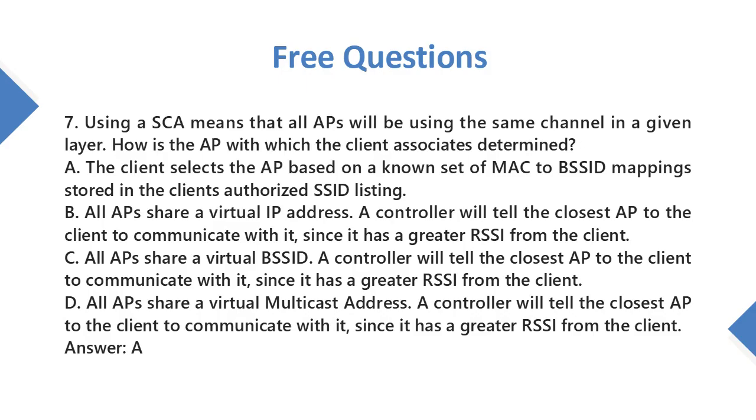C. All APs share a virtual BSSID. A controller will tell the closest AP to the client to communicate with it, since it has a greater RSSI from the client. D. All APs share a virtual multicast address. A controller will tell the closest AP to the client to communicate with it, since it has a greater RSSI from the client. Answer: A.